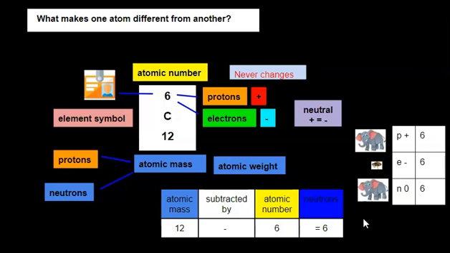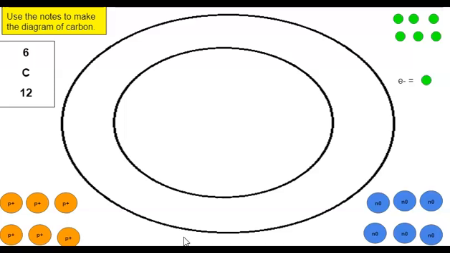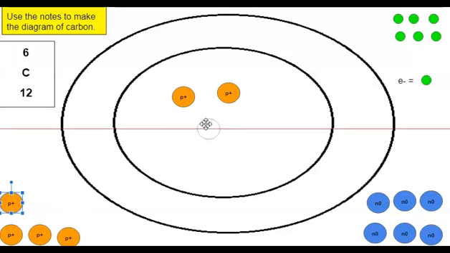All right, so now let's go back and tie this into our atom model, because now we have all the information we need to complete our carbon model. All right, here's our carbon model. Remember, our atomic number tells us that there are 6 protons. We'll move those over to the nucleus.